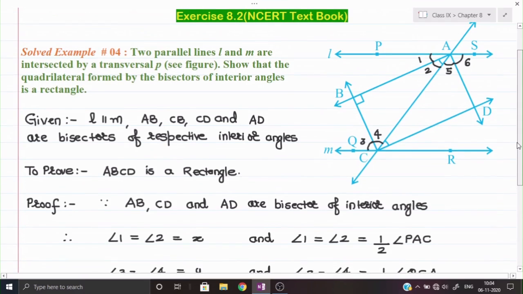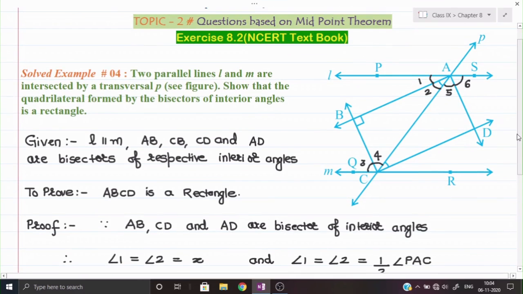For that you need to forget for some time that a quadrilateral is formed in between. Only take these two lines. See, if I take these two lines over here like this, and this will be a transversal. So observe, here somewhere the point is given P, here it is given A, then here it is given C, and here somewhere the point is given Q. So these two are interior angles.